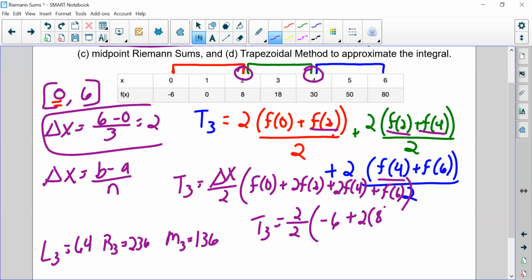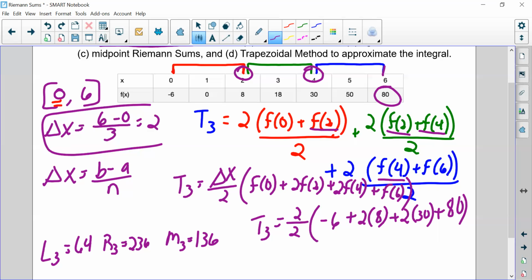So 2 times the height of 8 plus 2 times the height of 30, plus this endpoint, notice I only drew it once, so it only occurs once. The beginning and the ending occur once, and all the ones in the middle get doubled. If you remember that formula, you don't have to do all this work, you can skip straight to this.